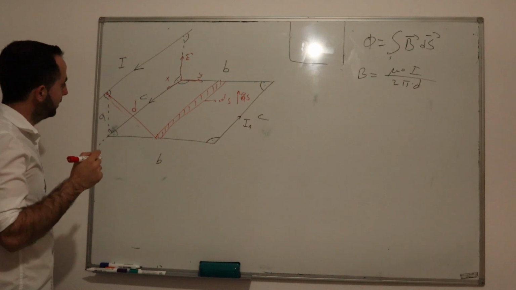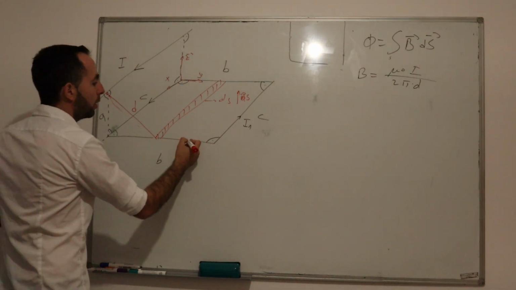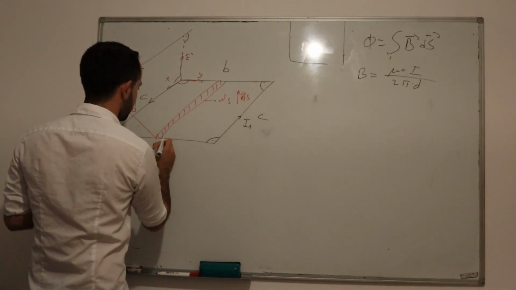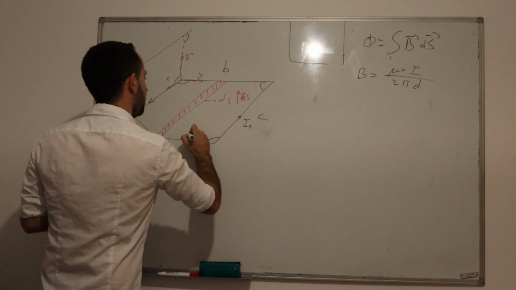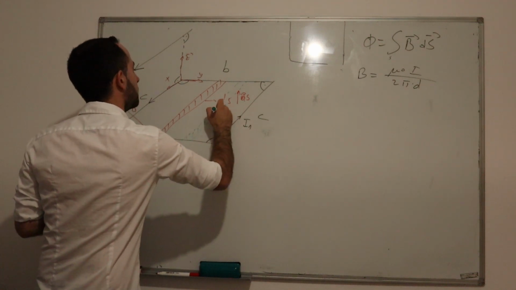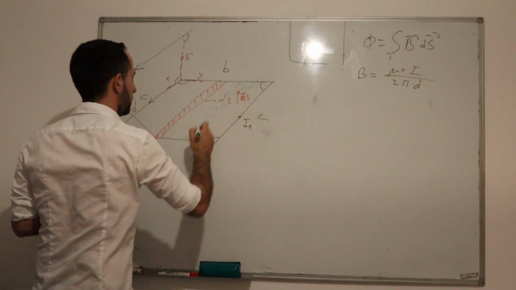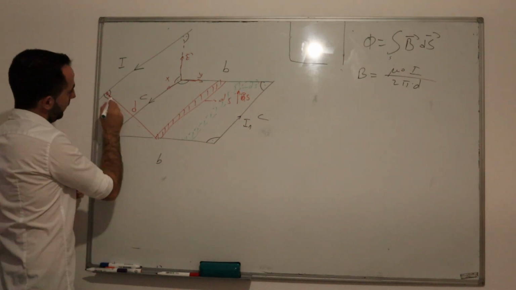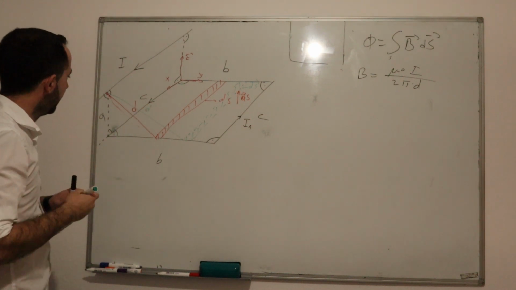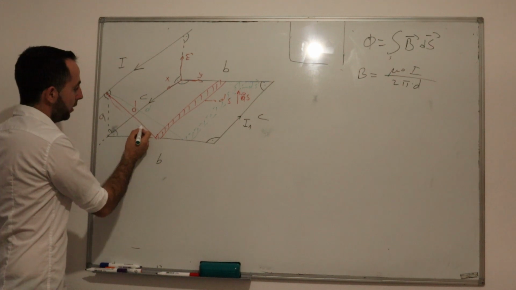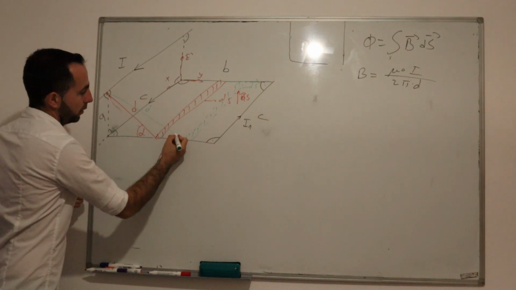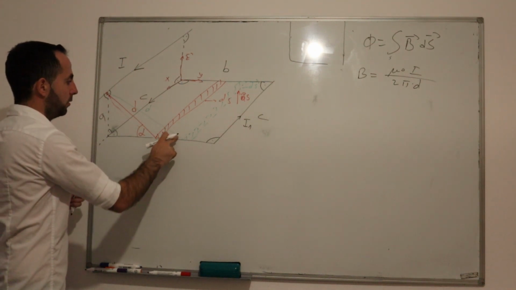But what you can notice is that when we move to this ds, in some other case our ds is here, and the distance for the magnetic field would be this. This all makes an angle, some angle alpha, and here this is also alpha.